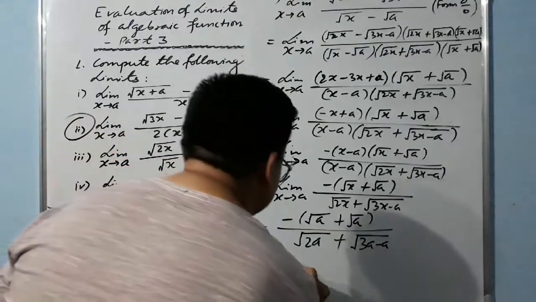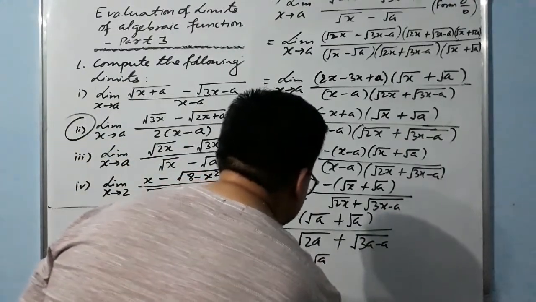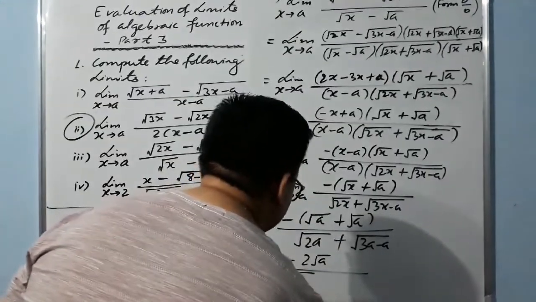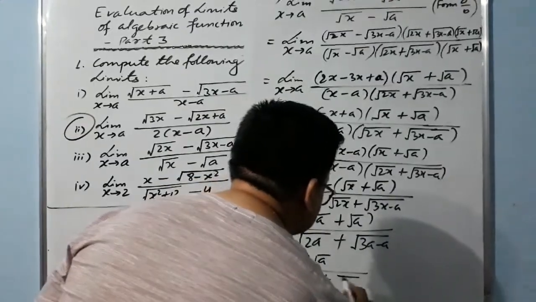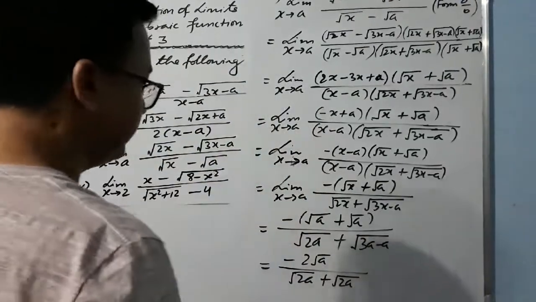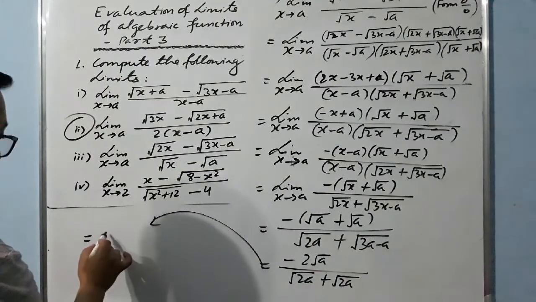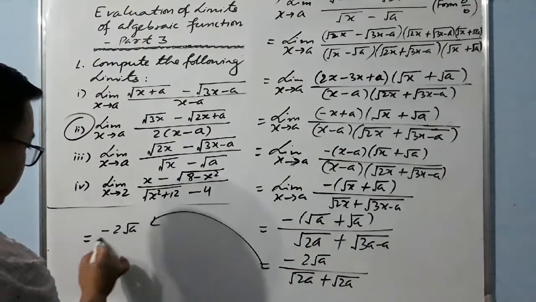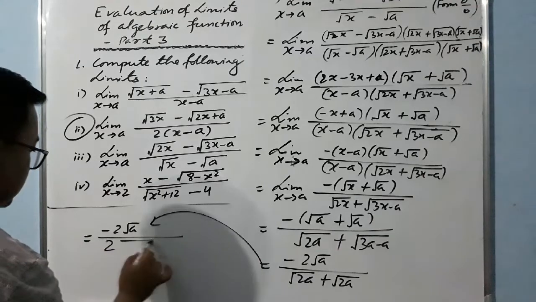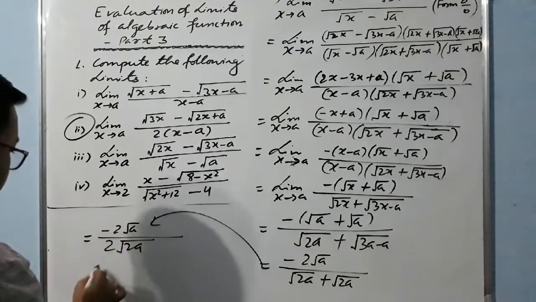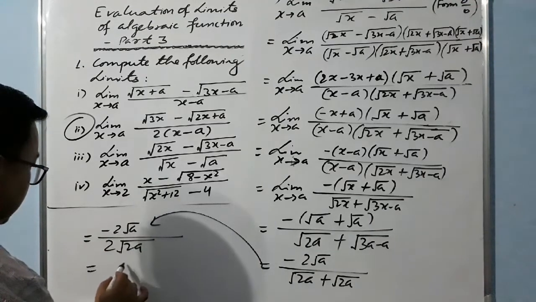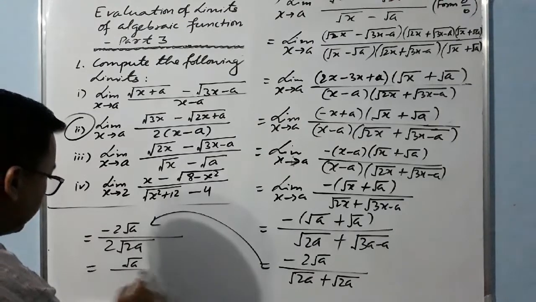Alright, so minus 2 root a upon root 2a plus root 2a, and here is equal to minus 2 root a upon 2 root 2a. They can be cancelled, and root a upon here.